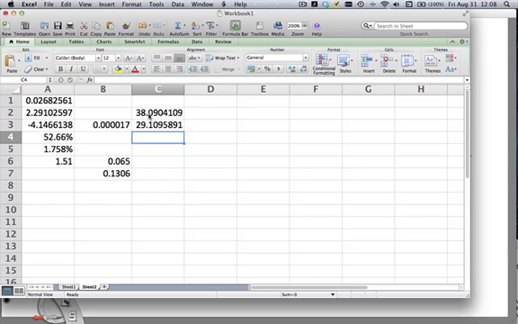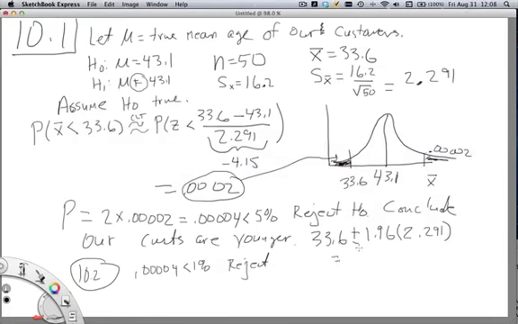So the confidence interval extends from 29.1 to 38.1. Let me just make sure I did that right. Okay, now notice that the reference value 43.1 is not in there.